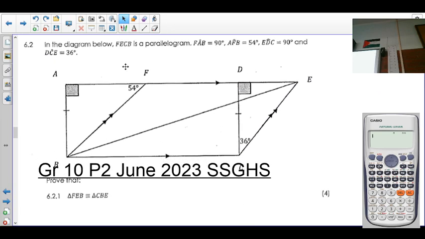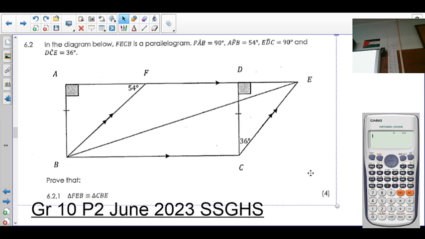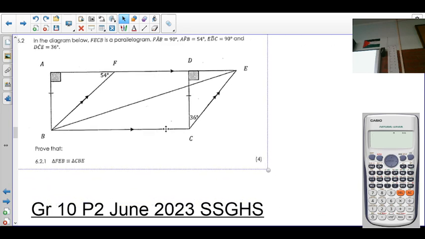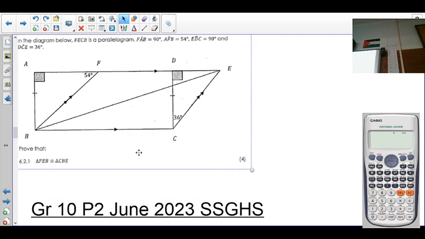Question 6.2. We are told in the diagram below that ECB is a parallelogram. So if that's a parallelogram, many things come to mind.